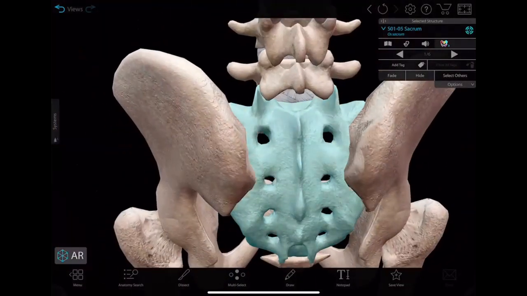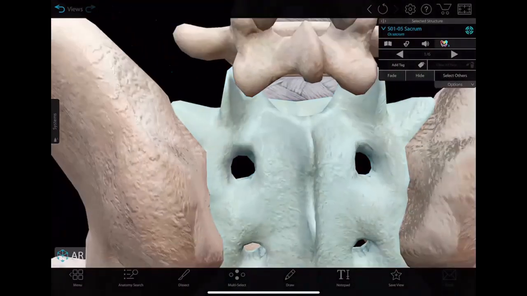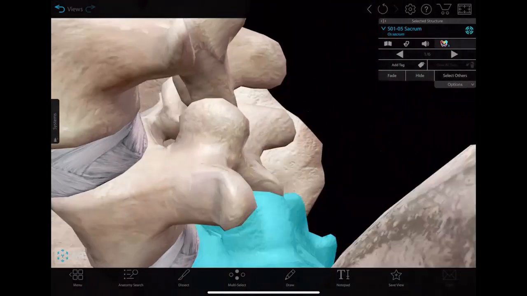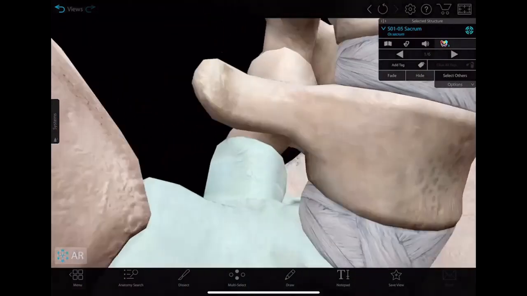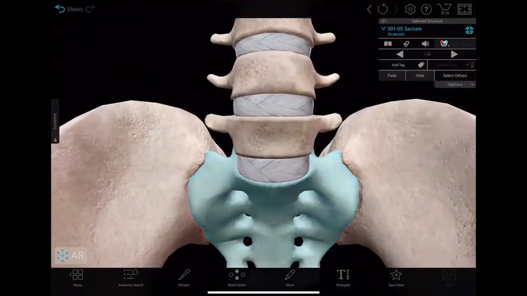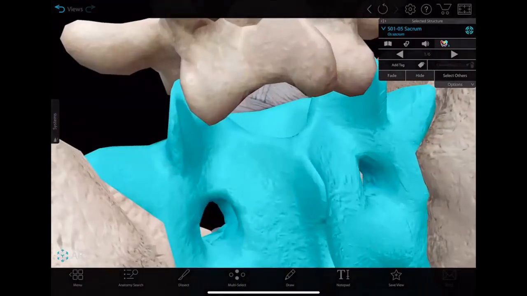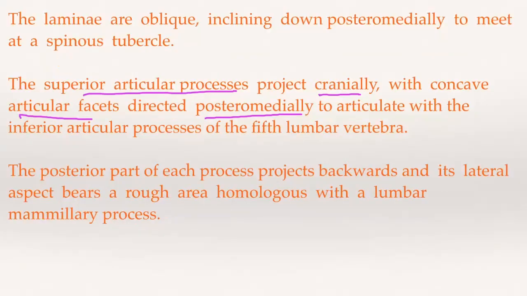They're converging towards the medial side, whereas the inferior articular facet of the L5 vertebra is facing laterally, right? The facet is to articulate with the inferior articular facet of the fifth lumbar vertebra. The posterior part of each process projects backwards and its lateral aspect bears a rough area homologous with the mammillary process. Okay, we may not appreciate that in the atlas.